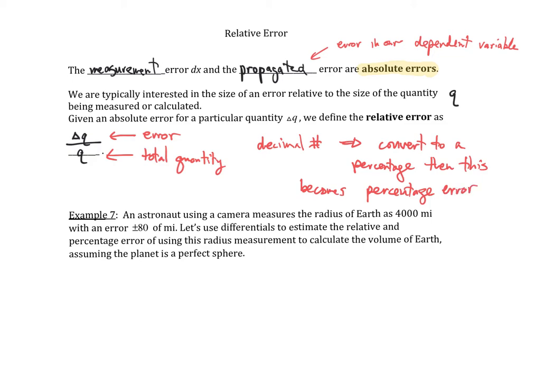I'm going to highlight that because sometimes you'll hear people talk about what's the percentage error. All that is just the relative error as a decimal, which you multiply by 100% to turn it into a percentage to get the percentage error. I think this will be clear if we look at an example. So let's take a look at example 7.